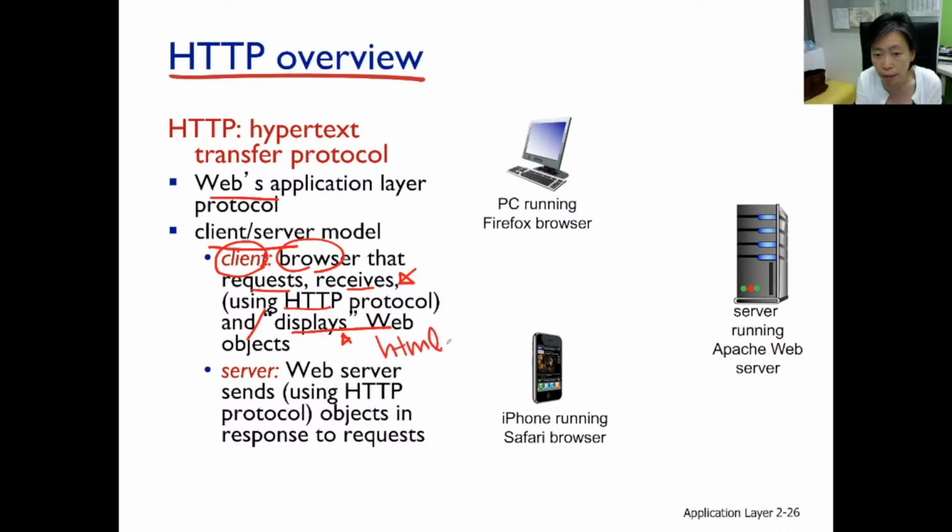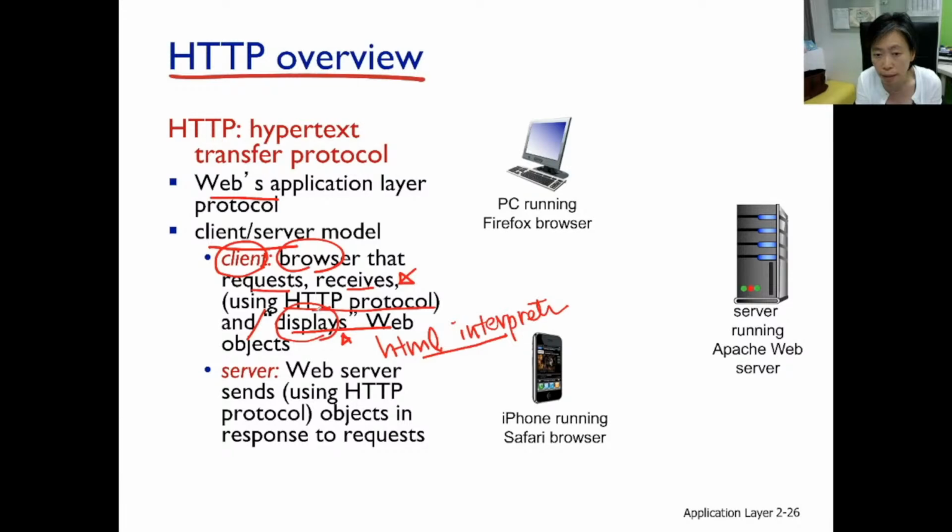It's the HTML interpreter's job. So the HTML interpreter is not quite the HTTP protocol. A browser is a combination of the HTTP protocol client side and an HTML interpreter. The interpreter interprets the HTML page because there are some markups around. Based on the markup, the interpreter will know how to display a web object so that it appears properly and nicely.